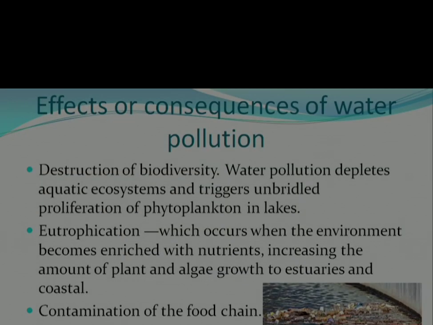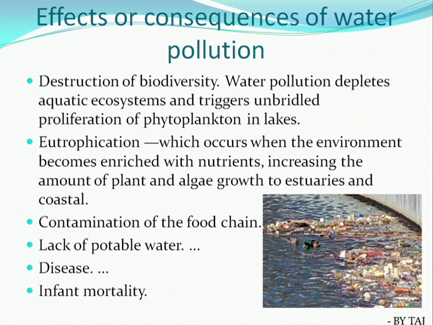Coming to the effects or consequences of water pollution. Destruction of biodiversity will happen. Water pollution depletes the aquatic ecosystem and triggers unbridled proliferation of phytoplankton in the lakes. Phytoplanktons are the plants that grow inside the aquatic bodies, and these phytoplanktons, zooplanktons, everything will be destroyed because of water pollution.